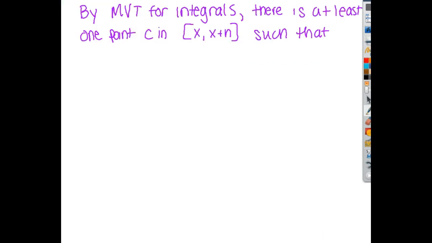So it's saying that f of c has to equal that limit. And I'm going to pull my 1 plus h out here. Oh, I lost the word limit. Okay. So we're guaranteed this by MVT.